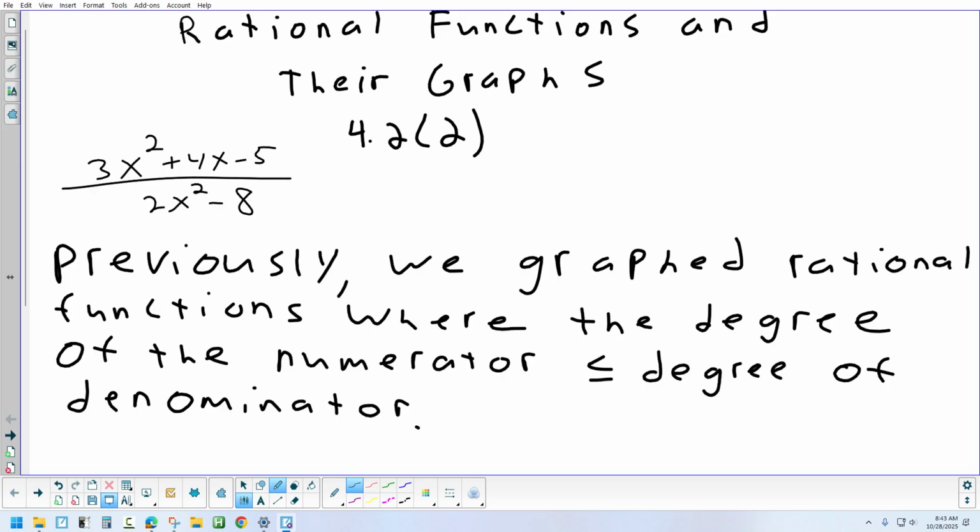That would have been like an example problem we could have tried to graph. So the degree in the numerator and denominator were the same. Or I can make the degree in the numerator smaller, just x to the first. And that also would have been one that we would have graphed. Okay. In both of those cases, you end up with horizontal asymptotes.